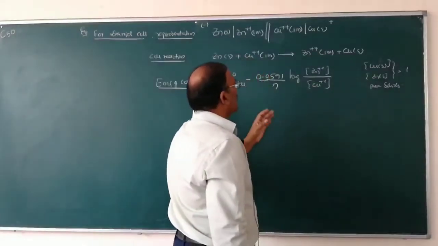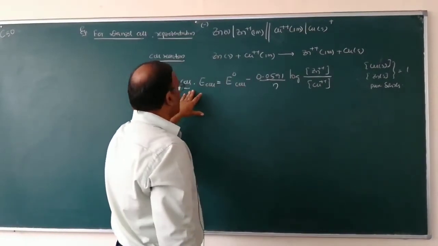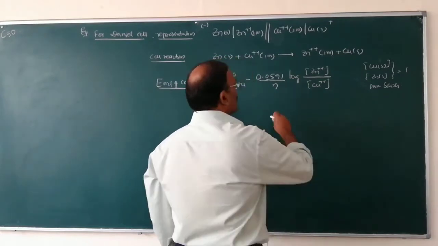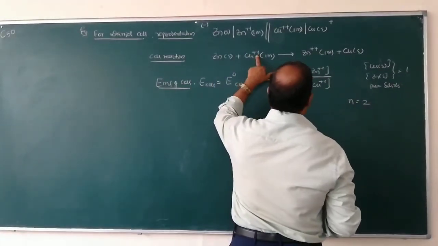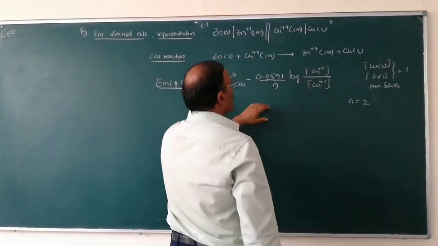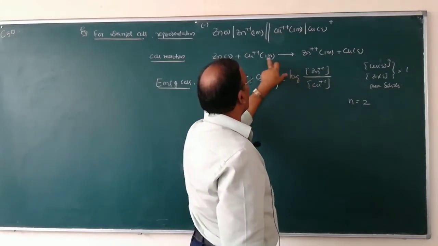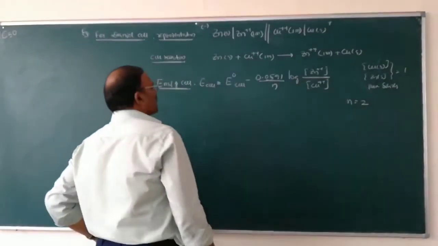Therefore, neglecting the concentration of solids, this is the expression for EMF of the Daniell cell. Here n is equal to 2 because the number of electrons involved is equal to 2. By substituting the concentration of zinc ions and copper ions, we can calculate EMF of the cell.